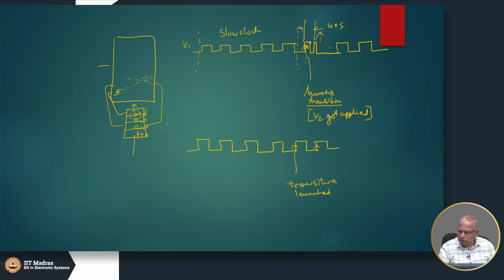Of course, it will have no speed issues because this is a very big clock. After doing the transition, we should bring in the next clock here. This is the actual period of the clock.